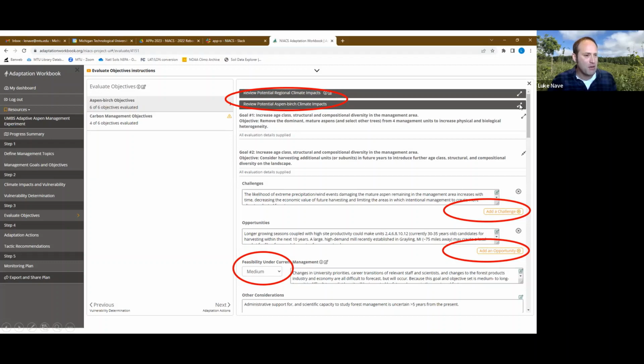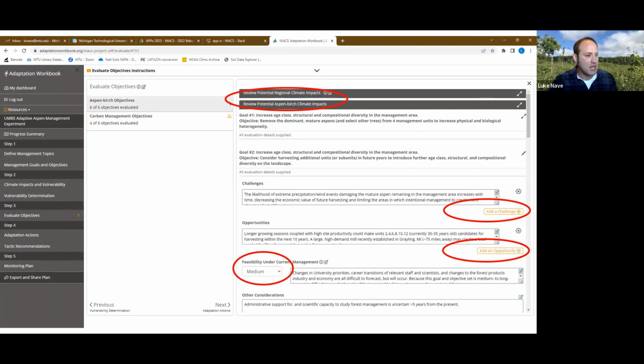And then this pop out right here is where we see our goals and objectives related to the aspen birch cover type. In this particular project, we had as our first goal to increase the age class, structural, and compositional diversity of the whole management area. This was an area of very homogeneous, old age, bigtooth aspen.